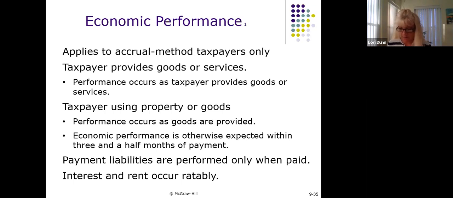A business that's liable for providing goods and services to another meets the economic performance test, so you can take a deduction as they provide those goods or services. So don't get that confused with the first one where we paid for someone to give us a good or service. Here, we're providing the goods or services. Take a look. Example 9-25.